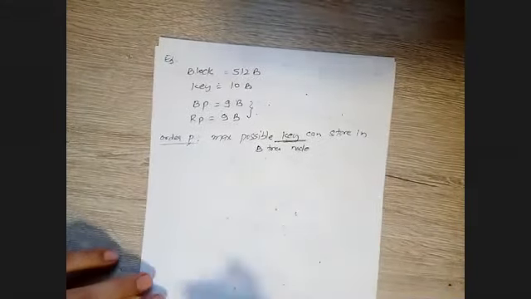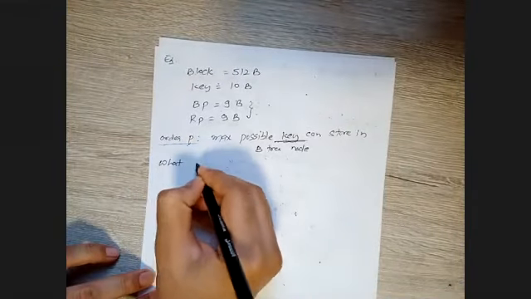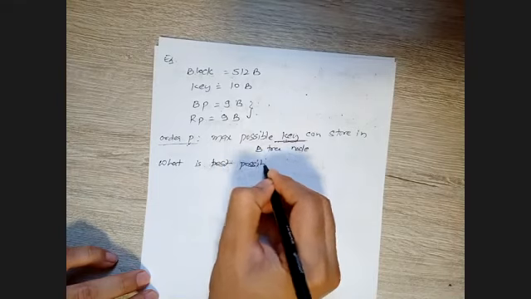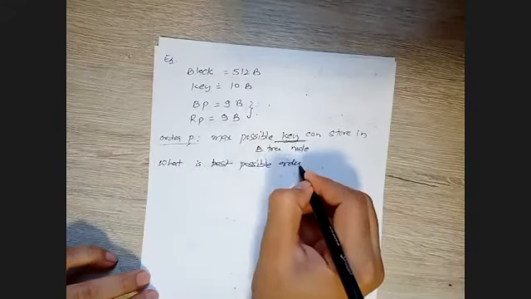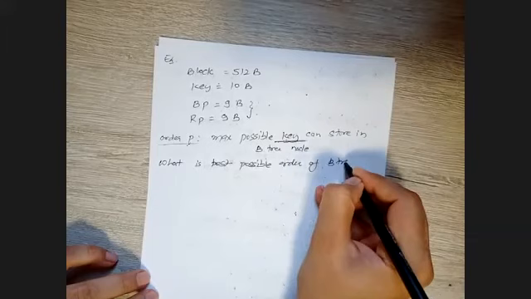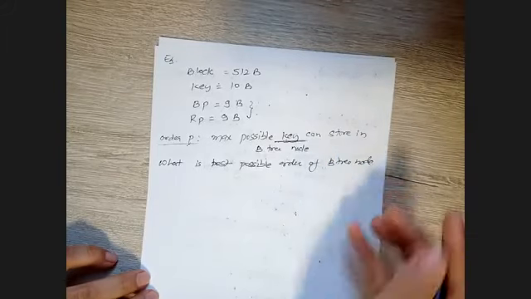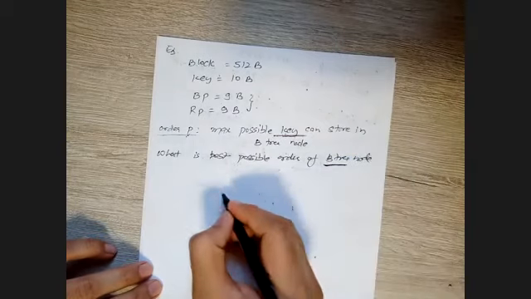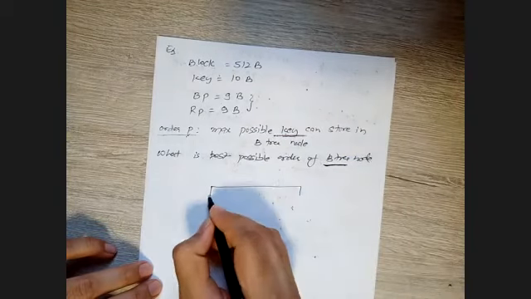We need to find out the best possible order of the B tree node. So how will we find it? Let's say there is a node of a B tree.